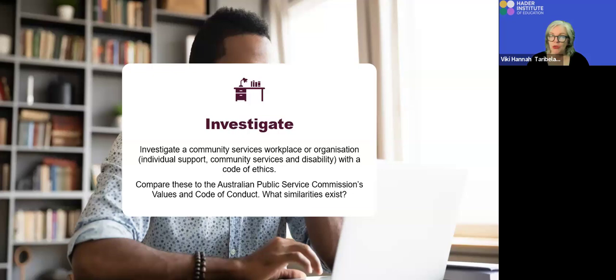So you can do an activity around investigating a community service workplace or an organisation. It might be clients who have a disability, and then just do some research around that. So pick an organisation, just out of your own curiosity. If you think you're going to be working with children's services, or WorkCover, or Fair Work Australia if you're working in the employment sector, just do a bit of research as well around what are their values and code of conduct.